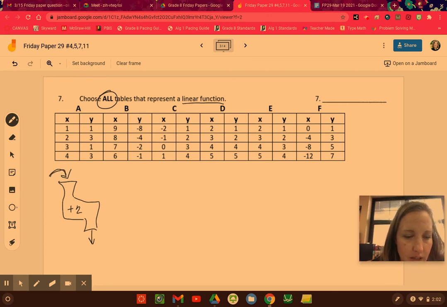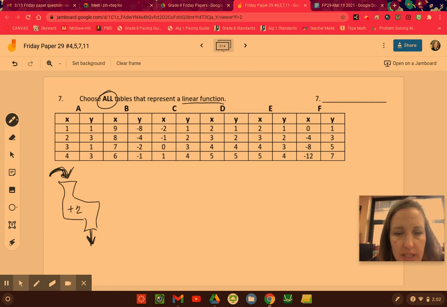So to be a function, when you put something in and you get something out, you can't put that same thing in and get a different thing out. That's not the way the function machine works. That would be a broken Dr. Seussical function machine. So we know that we can't have any repeating x values.